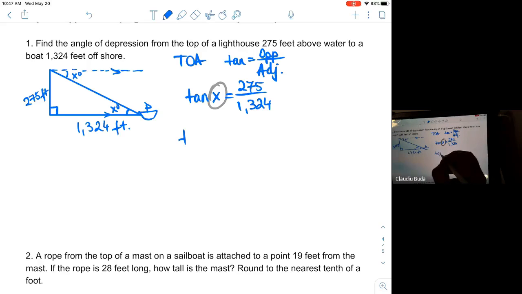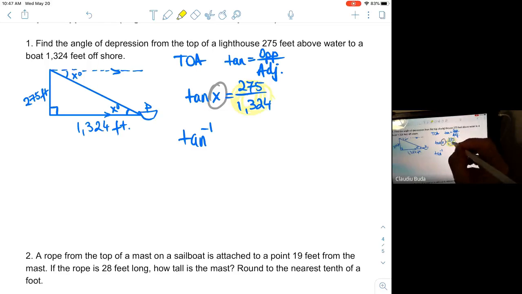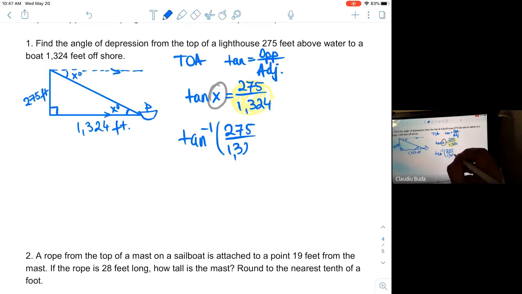We take the inverse tan of 275 over 1,324, and that will give us the value of the angle. If we plug this in the calculator, this will give us the angle x, which is 11.7 degrees.